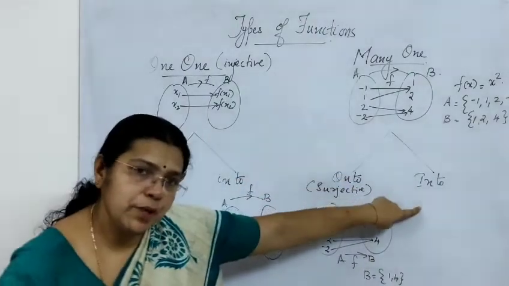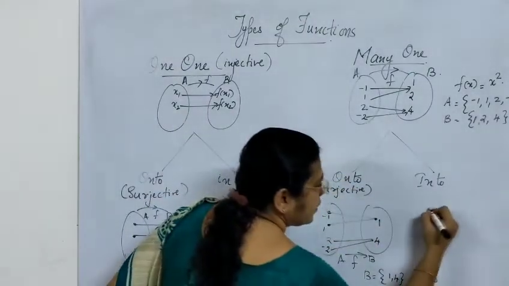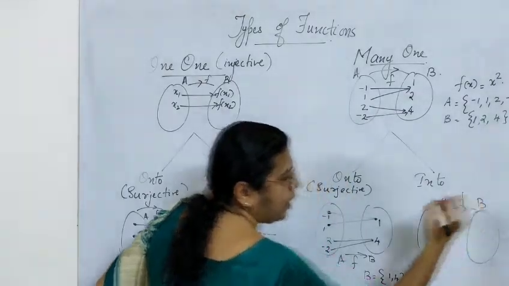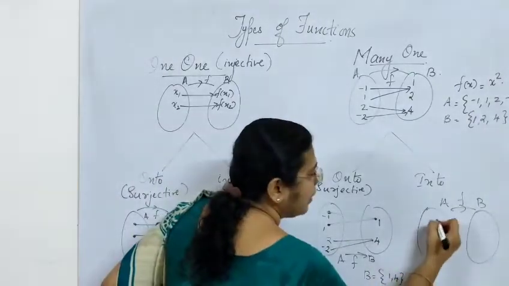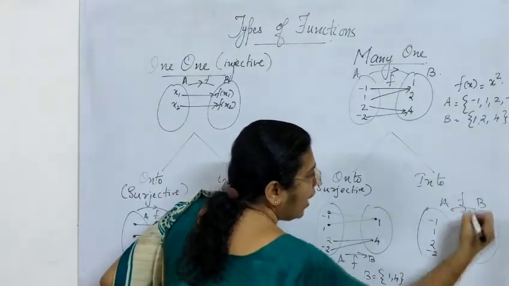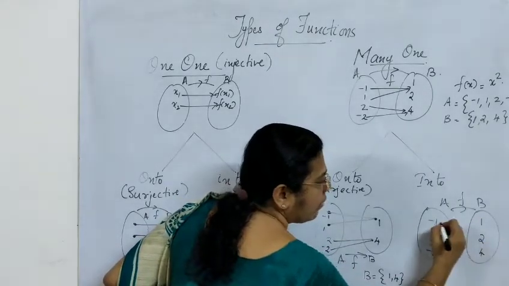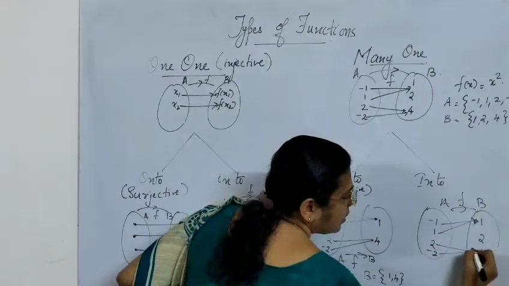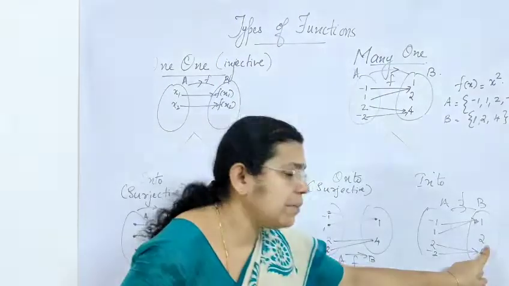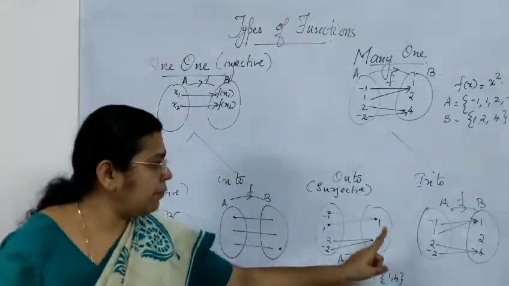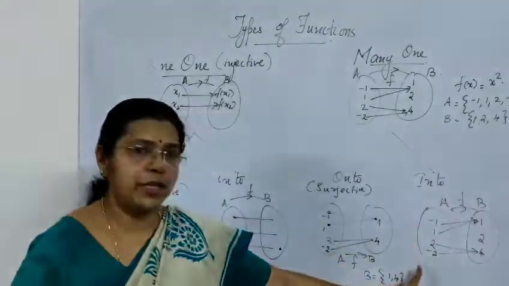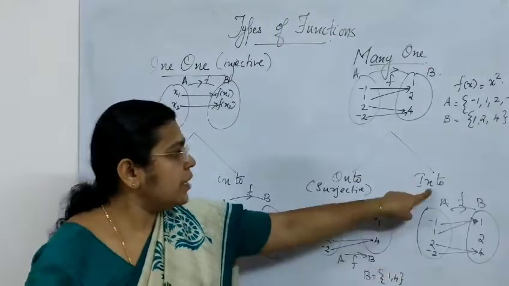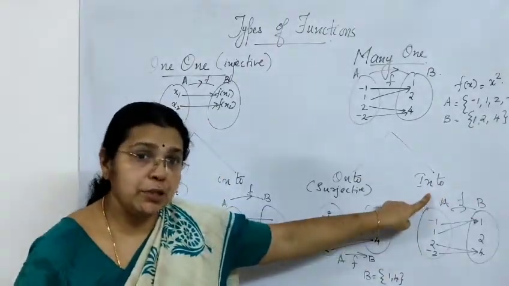Now, likewise, into function, what will happen? If a function is like this, that is, you have two sets here, A and B, and there is a function f from A to B, and you have minus 1, 1, 2, minus 2 in A, and in B, 1, 2 and 4. 1 and 2 are having an image there, 2 and minus 2 have the same image here, 4, but still there is an element in B which is not having a pre-image in A. So such a function where there are elements in B which are not having a pre-image in A is called an into function.